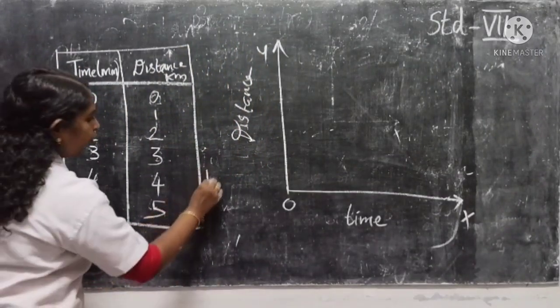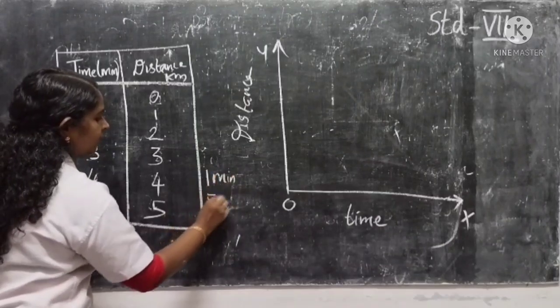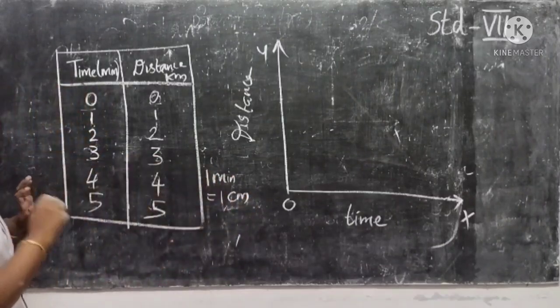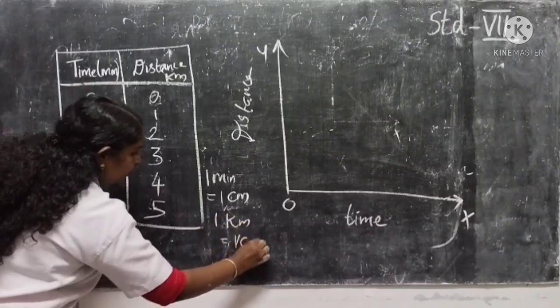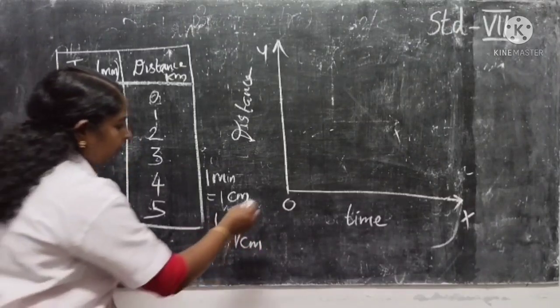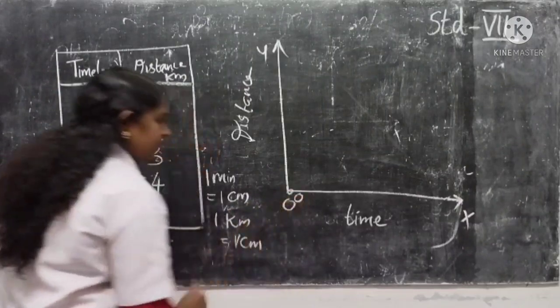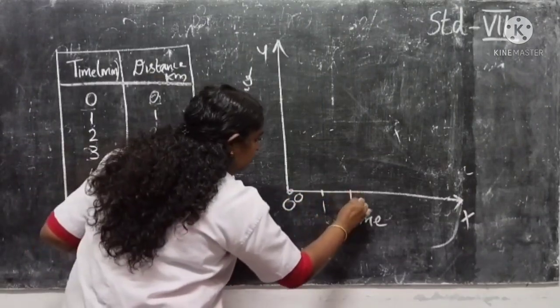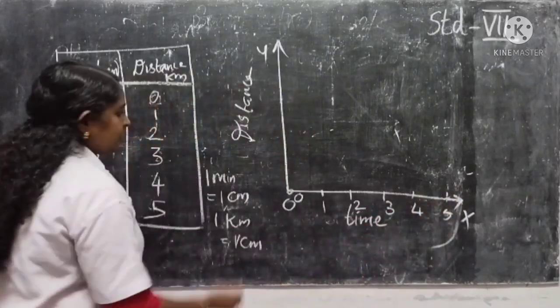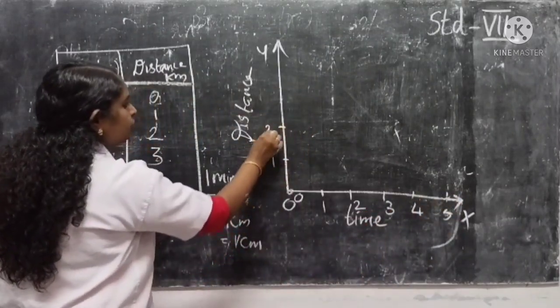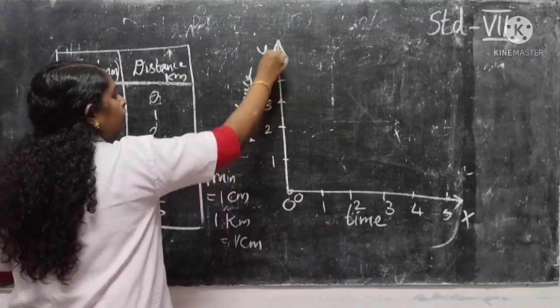For 1 minute we take 1 centimeter and for 1 kilometer we take 1 centimeter. The origin is 0, then 1, 2, 3, 4, 5 for time, and 1, 2, 3, 4, 5 for distance.